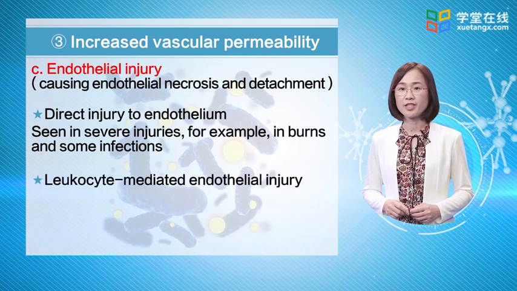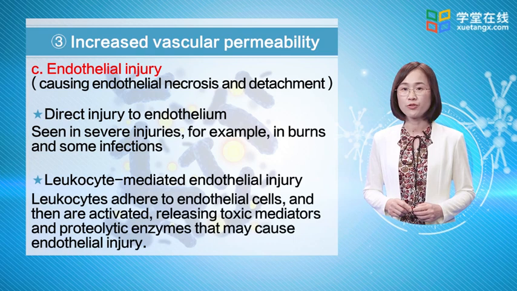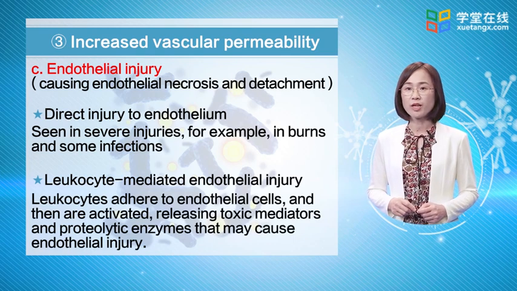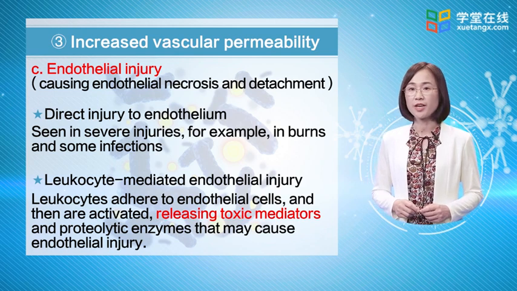Leukocytes that adhere to the endothelium during inflammation may also injure the endothelial cells by releasing toxic mediators and proteolytic enzymes. In most cases, leakage begins immediately after the injury and persists for several hours or days until the damaged vessels are thrombosed or repaired.